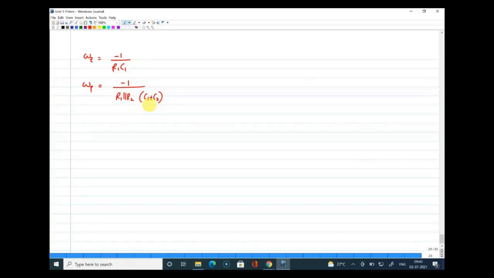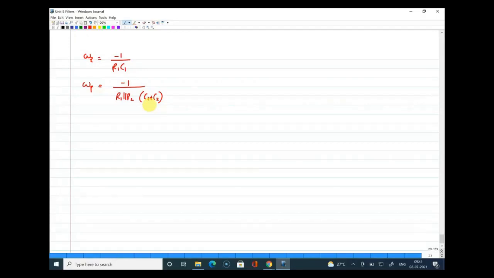Sir, yes, if R1 is equal to R2 and C1 is equal to C2, then both are equal. Okay. What I'm telling is, how can you say that when R1 equals R2? You are thinking you'll get R by 2 here and 2C, it will be 1 by RC, right? Yes. Yeah, all right.